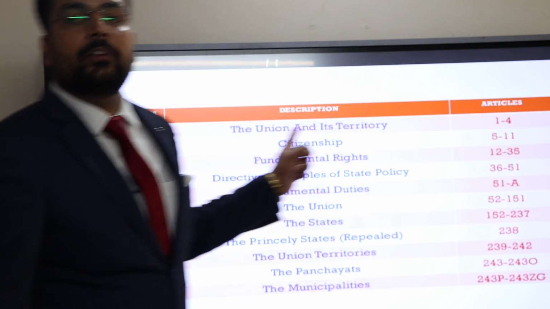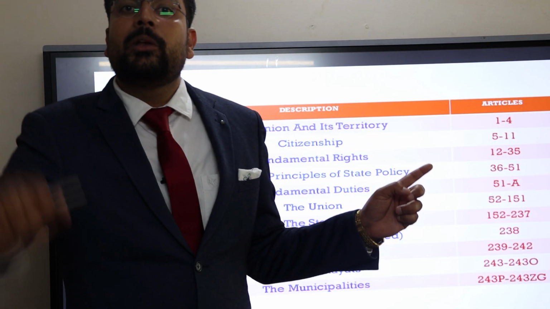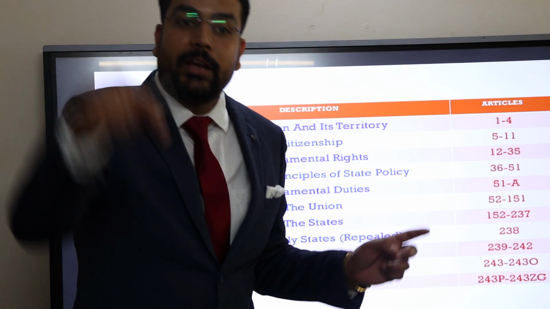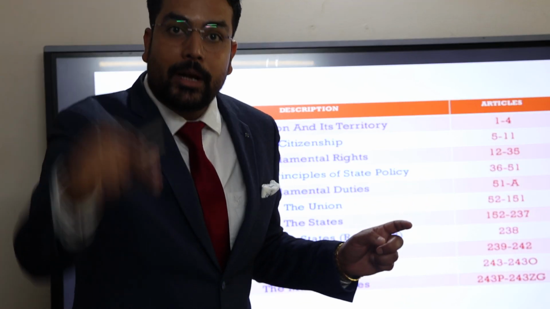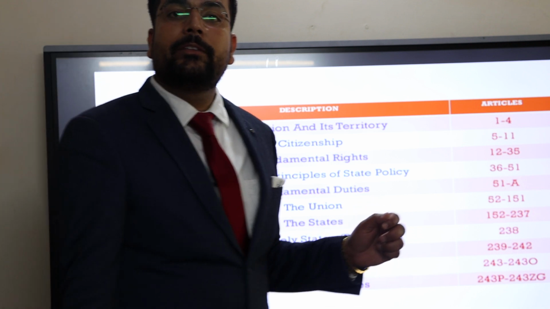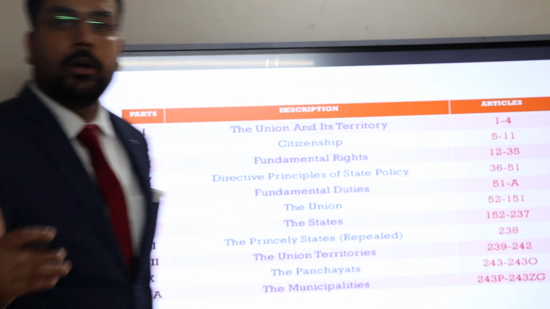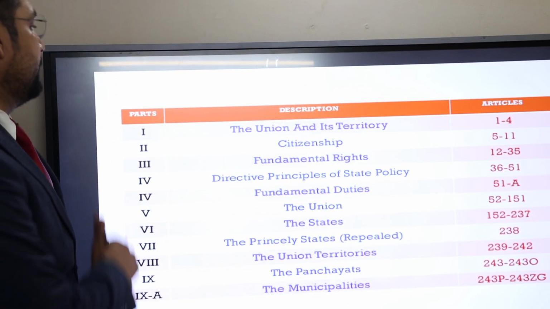Chapter 2, which talks about citizenship, deals with the population of India, those who are native to India, the permanent residents of India, for whom the government of India is responsible for making laws for their welfare.